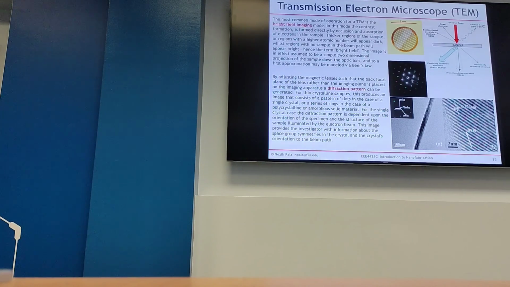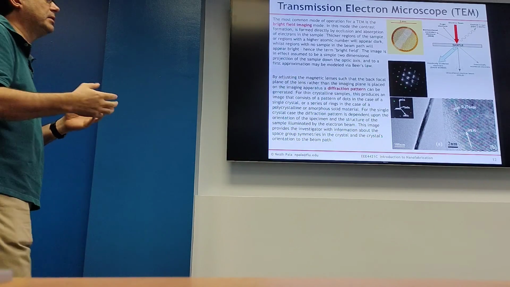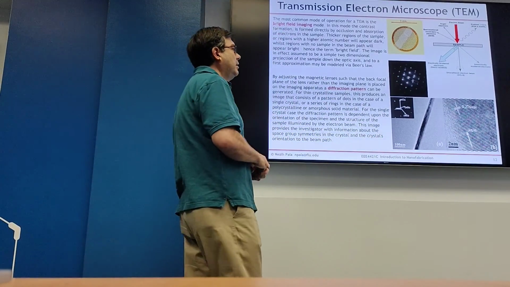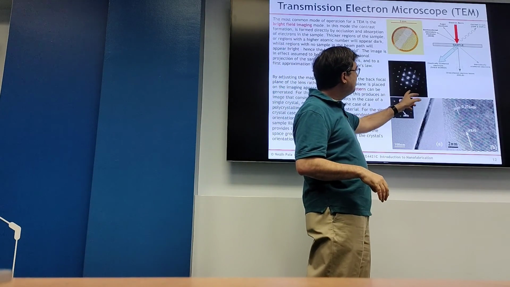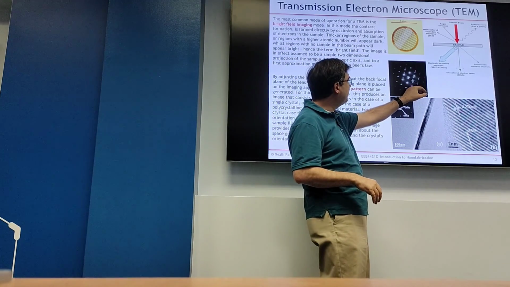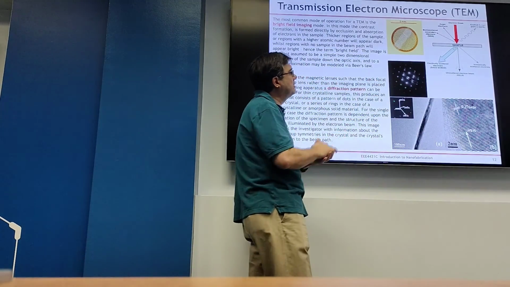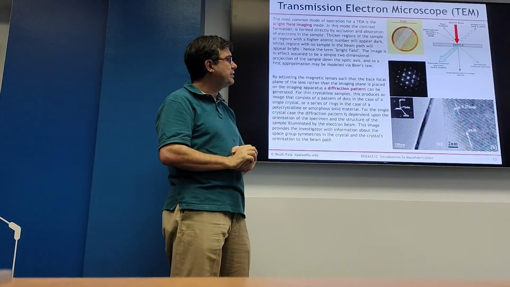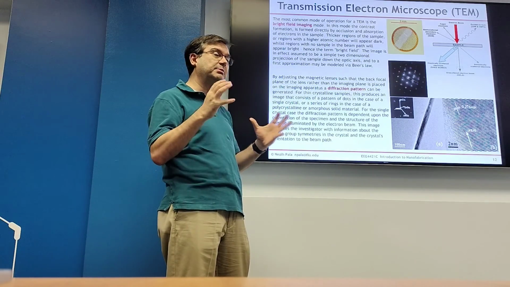So it produces a complex diffraction pattern like you see here. Of course, this pattern will depend on how the atoms are placed in your sample. So by measuring the distance and angle between them, how those bright spots are aligned, you can get the crystal structure of your sample. It's an extremely powerful tool.